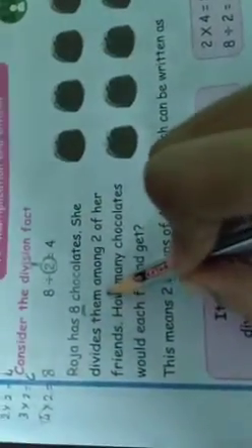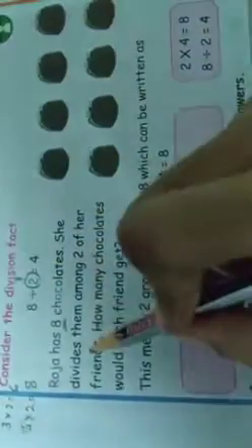Now, here it is given that Roja has 8 chocolates. 1, 2, 3, 4, 5, 6, 7, 8. She divides them. Divides them means Roja wants to share. She shares these 8 chocolates among 2 of her friends.